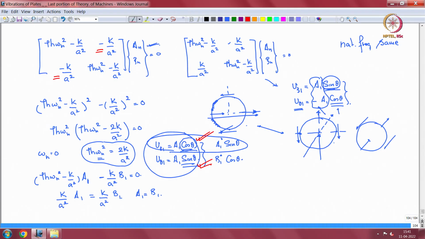Finally though, which way will the displacement be oriented, whether this way or this way or this way, that is completely determined by the exterior force.